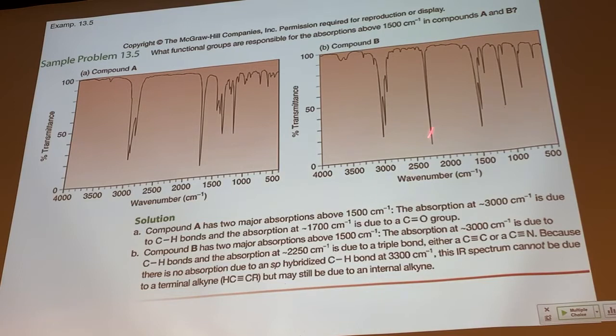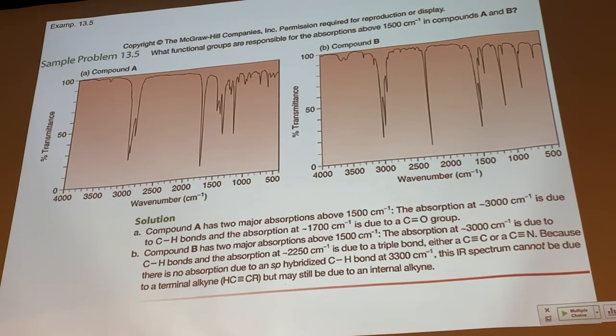Okay. Then we look at this molecule. No carbonyl. We do have a strong peak here. Usually you don't see peaks this strong at 2200. In the practical world, that's where carbon dioxide would show up. So when you take an IR spectrum, you put a solution on a salt plate and you let the solvent evaporate.